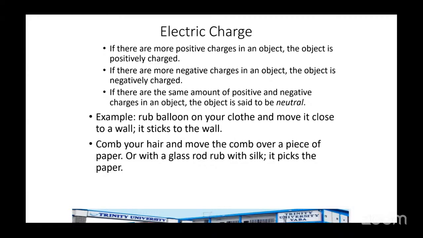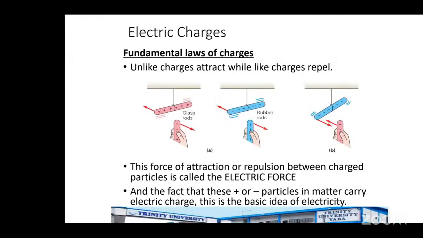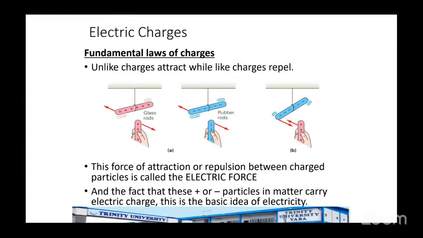This is because the pen is charged. Since it's charged, when you move it over a piece of paper, which is neutral, there will be what we call polarization of charges. There will be an attraction. Charges will separate, like charges will repel, unlike charges will attract. We'll talk more on polarization of charges later.